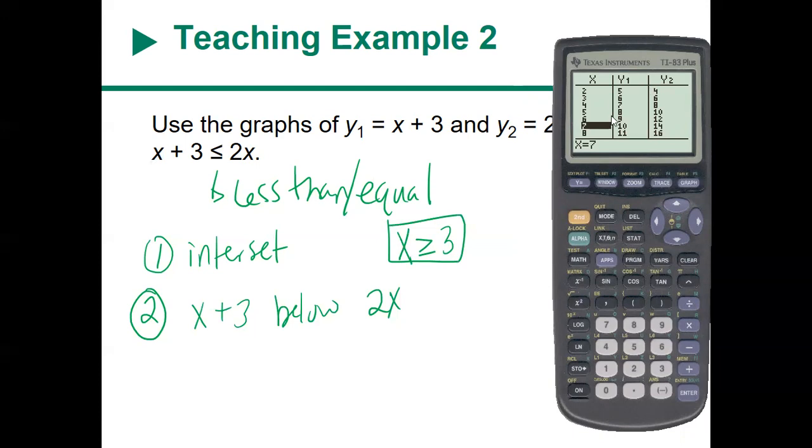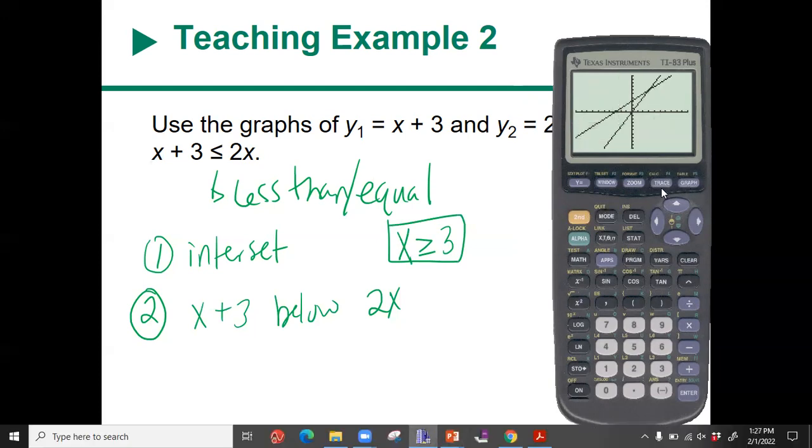So you can analyze it from the table, or you can analyze it from the graph. On the table, you're actually looking and comparing the values. From the graph, you hit trace and you're looking at the location of when x plus 3 is physically below 2x, and it's physically below it after 3.